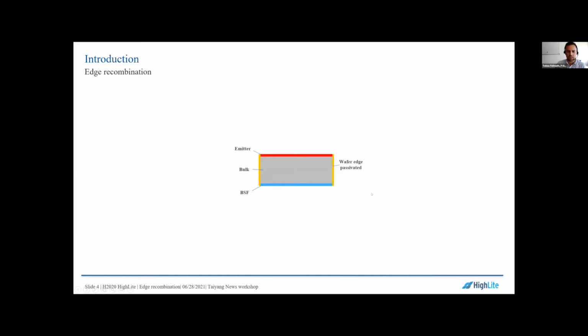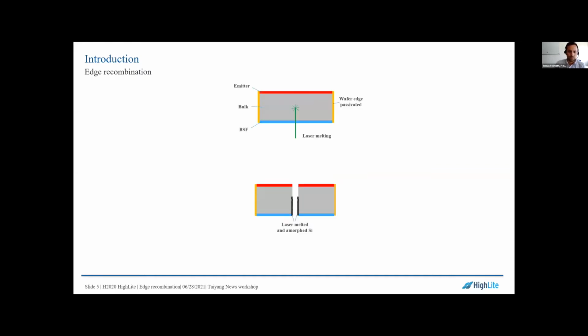This is due to the fact that at the end of the front end, you have the PECVD processes, which normally also wrap the dielectrics around the edges, and therefore you already get a decent passivation. However, when we then start to cut those cells, normally a laser is used, and the laser penetrates your wafer, melts the silicon, and leaves a morphed silicon behind. And then you don't shoot through the wafer, you basically cleave mechanically later on.